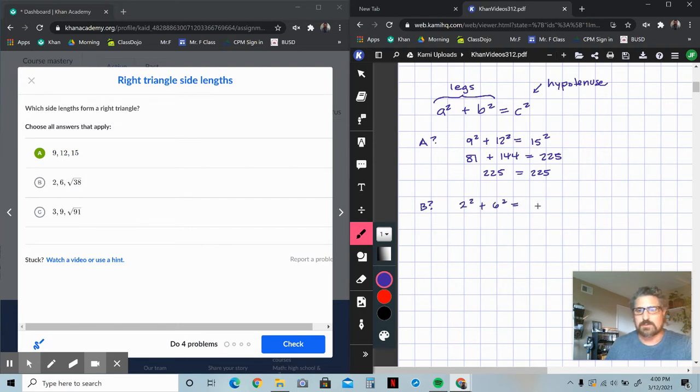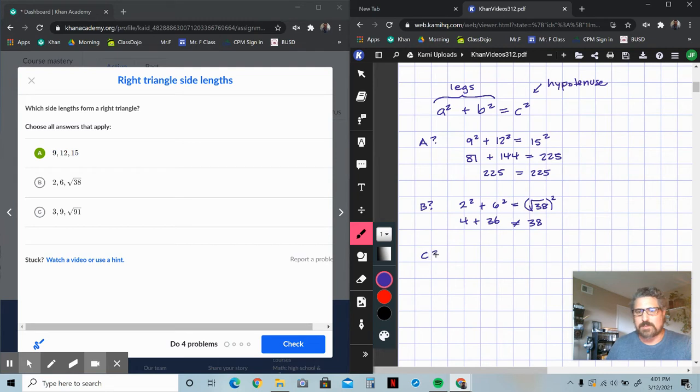Is that equal to the square root of 38 squared? Now, the square root of 38 squared is pretty straightforward. That's going to be 38. Remember, a square undoes the square root. And then 2 squared is 4, and 6 squared is 36. So it's 4 plus 36 equal to 38, and the answer is no, it's not. So this one's a no. It's not going to work.